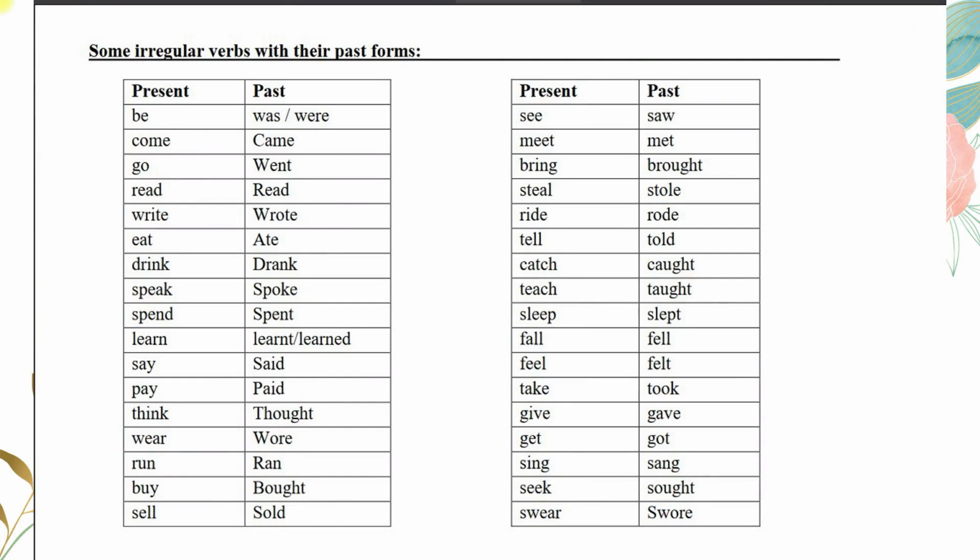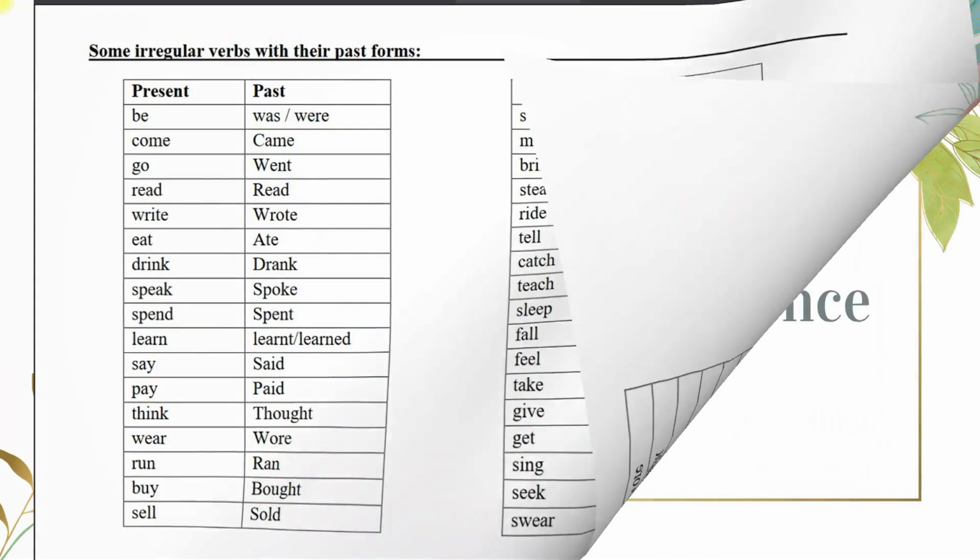Like the word be can change to was or were: if it is singular, was, or if it is plural, were. Like came, go, went, say, said, ran, buy, bought, sell, sold. So the only way to remember the irregular verbs is to memorize, observe, and recognize them.